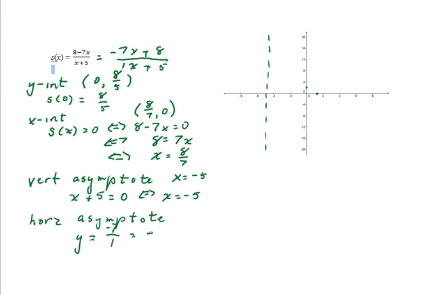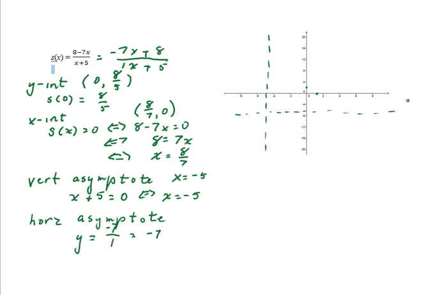So y equals -7. And so the horizontal asymptote is going to be occurring at y equals -7. We're counting by 4 on the vertical axis. So I believe -7 would come through like this.